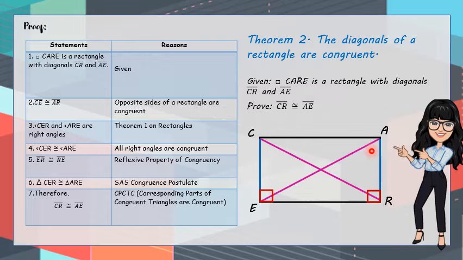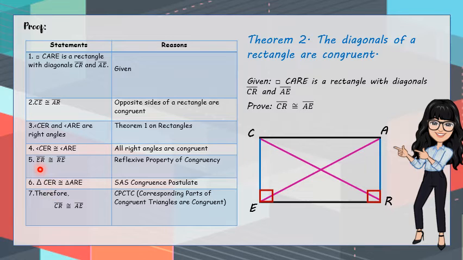If you can still remember, we have the SSS congruence postulate. We also have the SAS. We have the ASA. We also have the SAA. Those are the different congruence postulates that we can use to prove that two triangles are actually congruent.